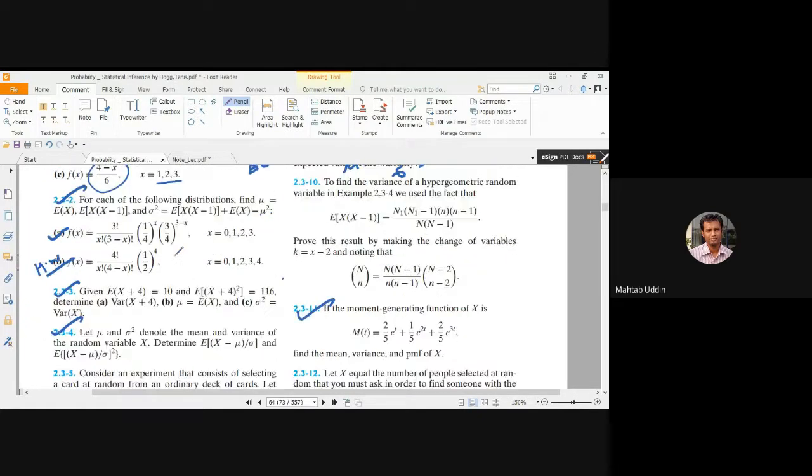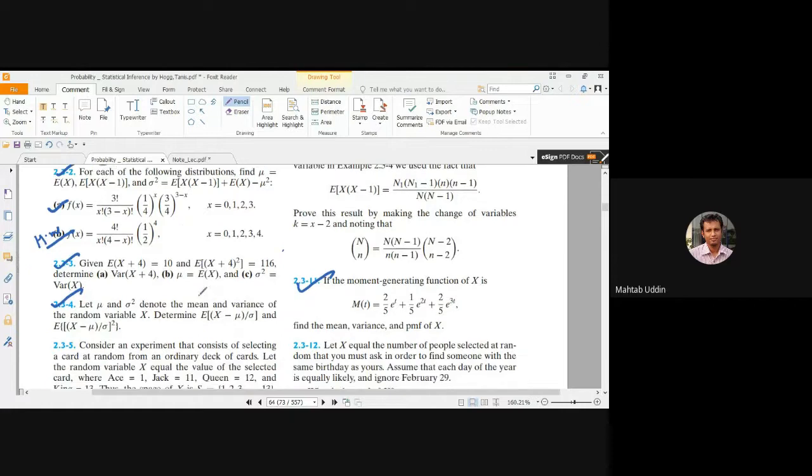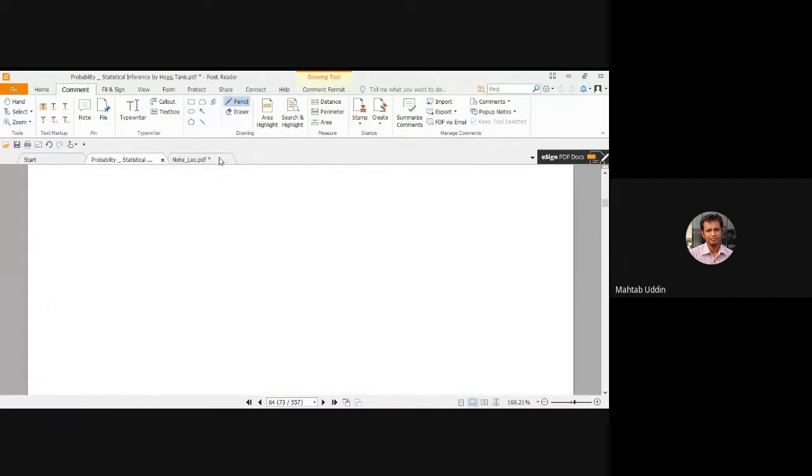Number 3. Some quantities are given. Using those quantities, we have to find variance of x plus 4, mu, that is expectation of x, and sigma square, that is variance of x. So let's go. First, we'll write what is given to us.